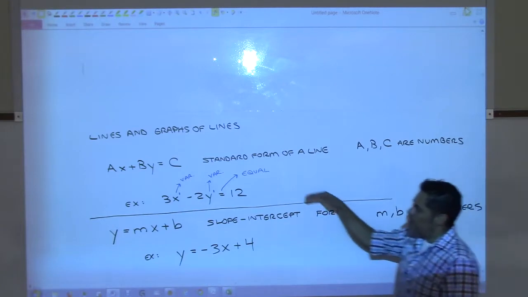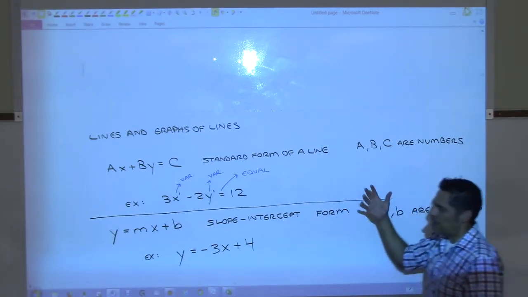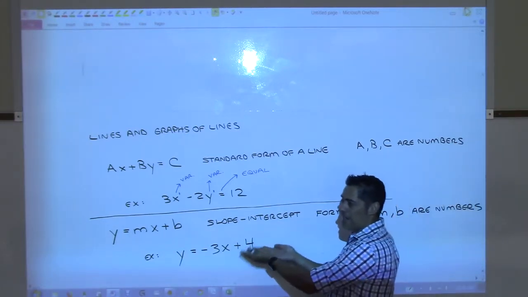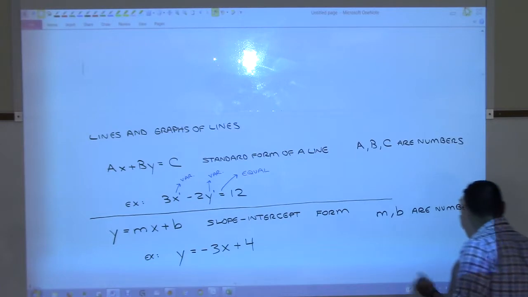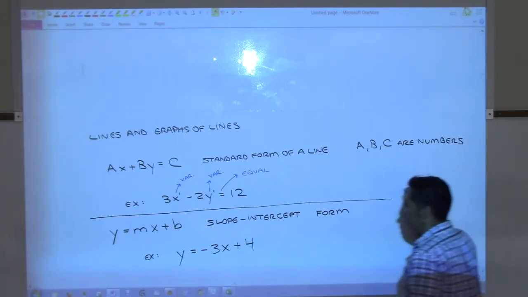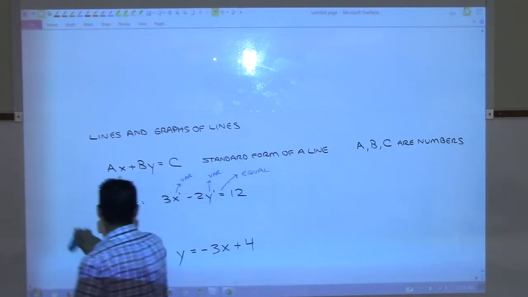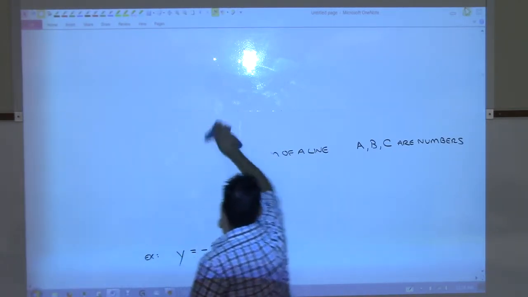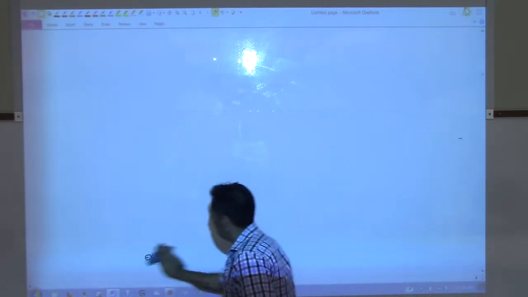So when we say that these are lines, we need to get an idea of what we mean by that. Like, why does this equation represent a line? So I'm going to erase this and we're going to start from scratch, and I want us to think about this from a perspective perhaps you haven't thought about before. So right now I'm going to put an equation up on the board.